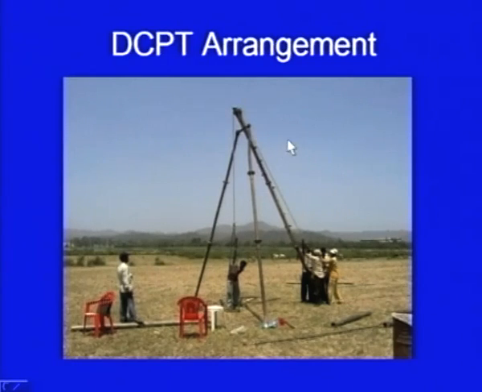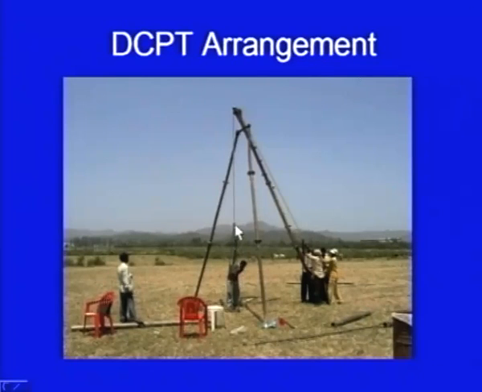Here is a picture from the field. You can see this is the tripod with 3 legs, and here is a pulley arrangement. It is being pulled through this rope manually, or sometimes a mechanical arrangement can also be made. This is the rope, and this is the hammer.